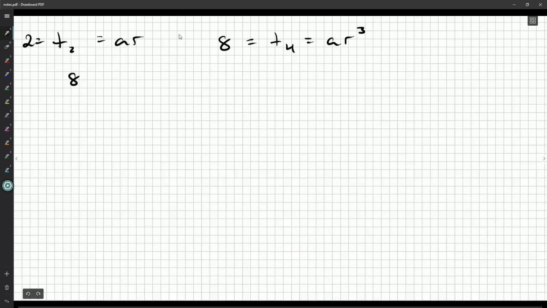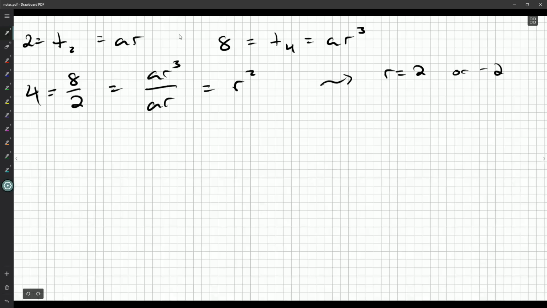However, 8 over 2, which happens to be 4, is AR cubed over AR, which is just going to leave us with R squared. So R could be 2, or it could be negative 2, and there's actually no way to figure it out. Now, if R is 2, A is T2 over R, so that'd be 2 over 2, which is 1.